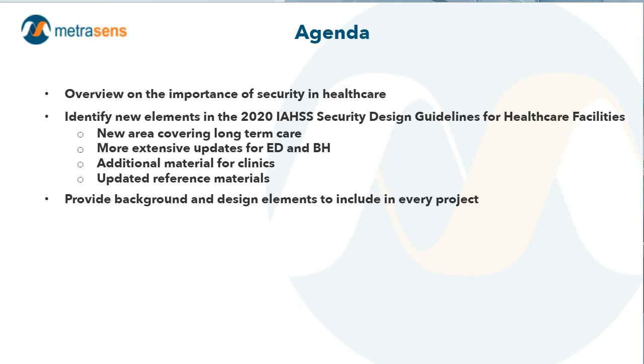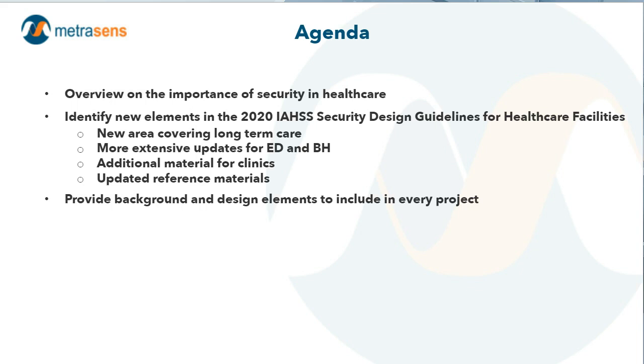The member price is extremely low. The print is $75, the ebook's $49, non-members $125 and $99. It's just a heck of a resource to have on your bookshelf, and something I'm sure you'll use frequently with all the construction and new construction going on in the healthcare industry these days.